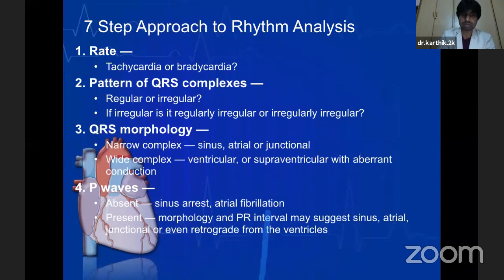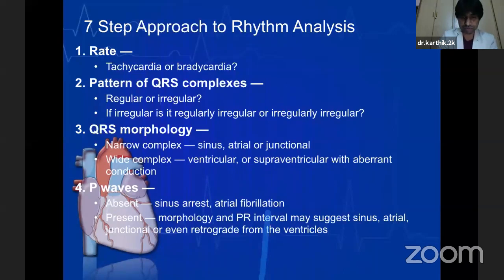Then we look at the P waves. Now, the P waves and the PQRS relation is very important to diagnose some of the very important ECG diagnoses. Suppose if the patients have absent P waves, it could be either because of sinus arrest or it could be atrial fibrillation. So many of you, especially the PharmD students, during the clinical rounds, would have witnessed ECGs where they have atrial fibrillation.